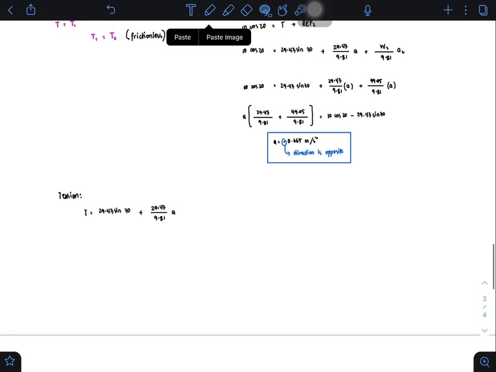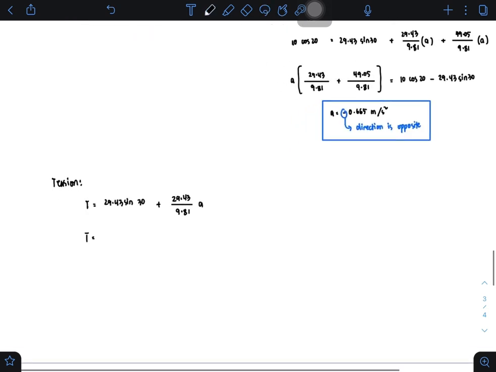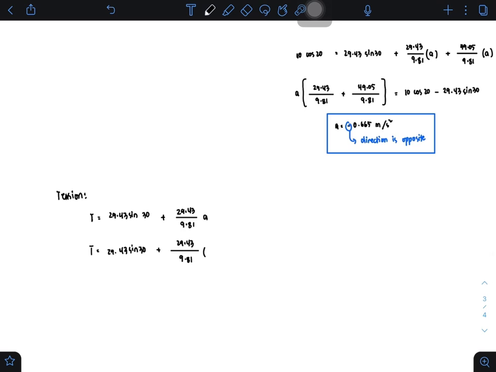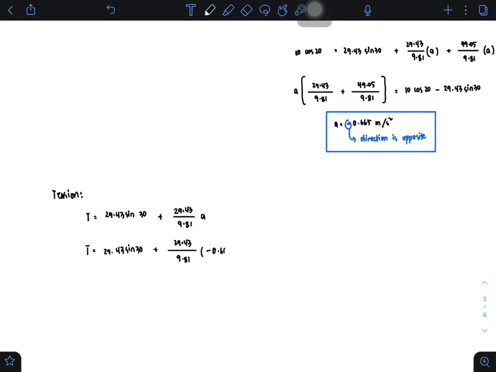Then we substitute the acceleration: 29.43 sine of 30 plus 29.43 over 9.81 times the acceleration, which is negative 0.665.